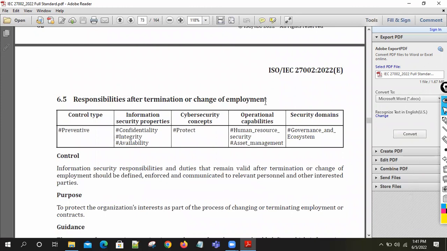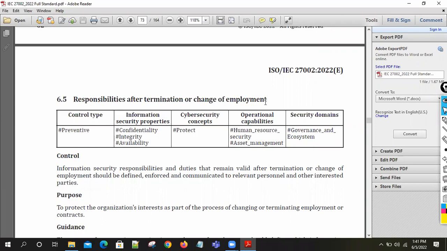Now, what happens when an employee is terminated or changes organization? While you have been associated with an organization, you are blessed with various infosec related facilities. You are accessing things, you know user IDs and passwords, and you know the nature of the business the company is doing. Okay, this is the risk identified.